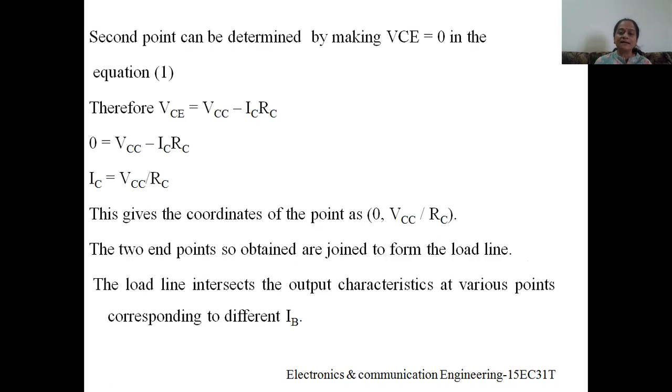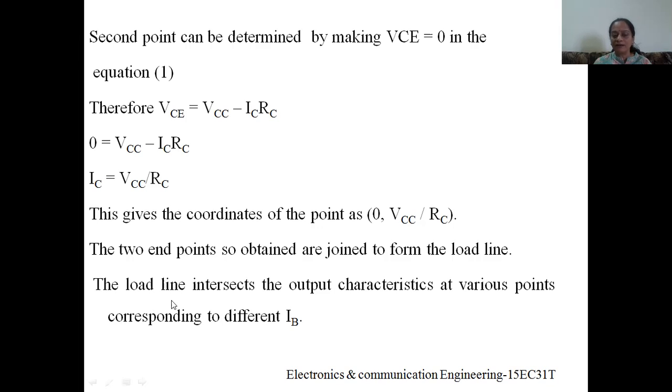Basically, a DC load line represents the DC condition of a transistor when no signal is applied. This load line is drawn by joining the 2 points. One is a cutoff point where the collector current is 0, and one is a saturation point where the maximum collector current flows.